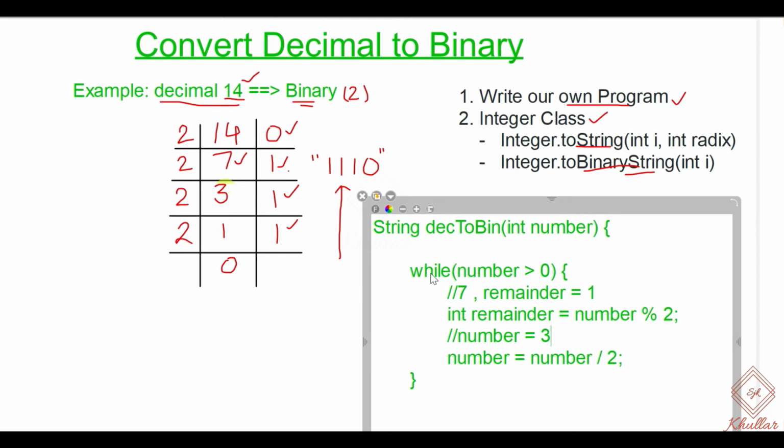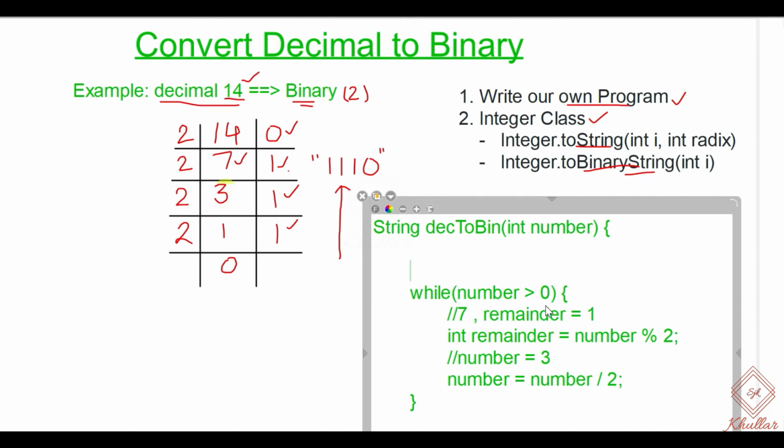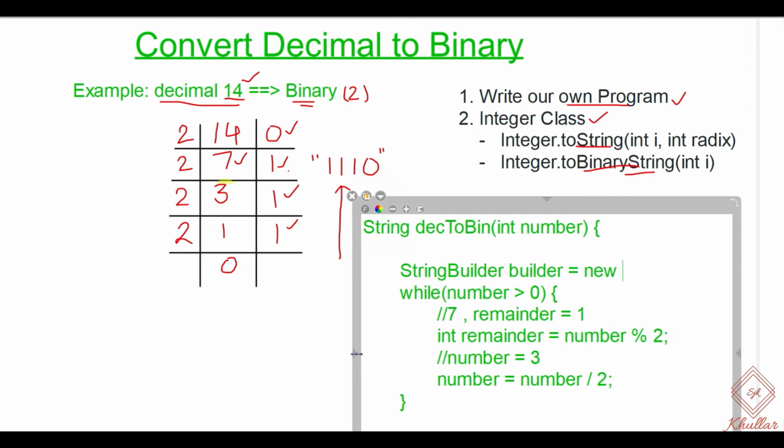So let's write a string representation so that we can see its real-time working. We'll keep on storing our binary representation in a string, so let's use the StringBuilder class. The builder class is especially useful when we want to perform concatenation operations, like here where we add binary digits one after another.